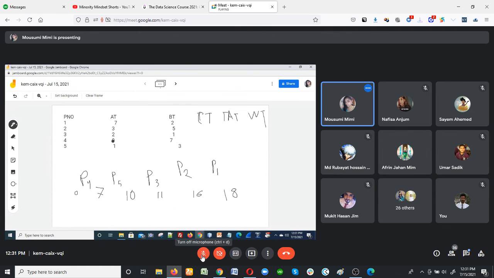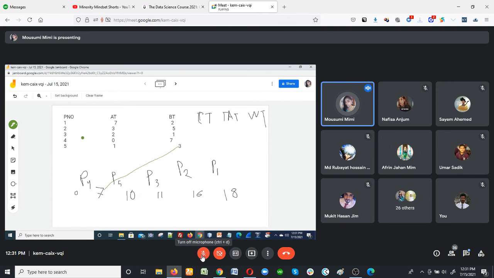0 plus 7, so 3 plus 7 equals 10. It means you have to do the summation this way. So you get 10.